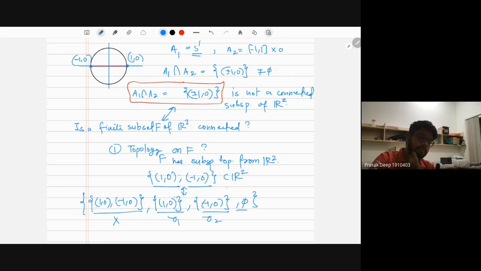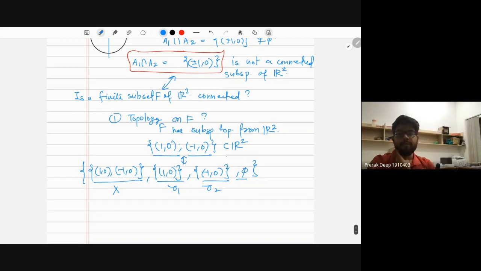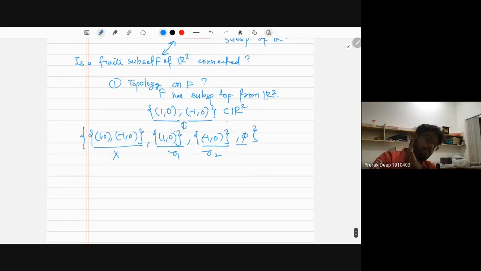Now what will be the separation of this set? In order to say that it is connected, you need to find a separation. Now what is the separation of this set? This separation is nothing but this open set, which is the singleton this, union with this open set, which is the singleton that. So U1 union U2. And what is the intersection of U1 and U2?